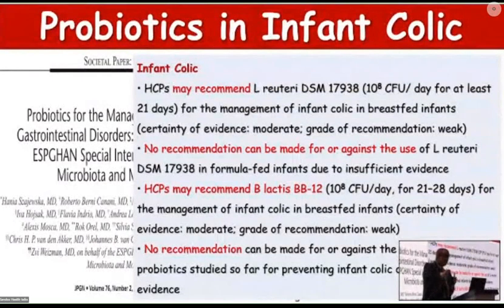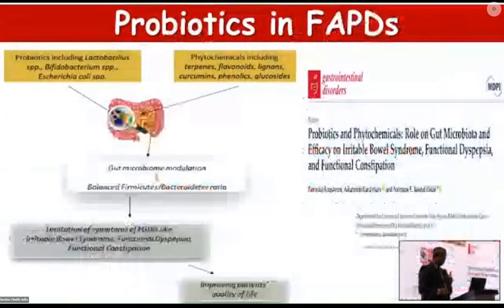They may recommend Bifidobacterium lactis BB12 at 10 to the power of 8 colony forming units per day for 21 to 28 days for the management of infant colic in breastfed infants. No recommendation can be made for or against the use of any probiotics in preventing infantile colic due to insufficient evidence. So they recommend reuteri and Bifidobacterium lactis BB12 in the management of infantile colic.